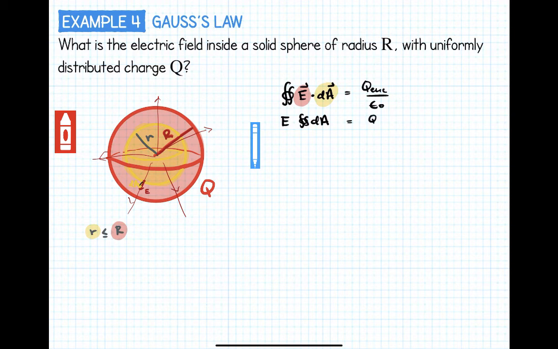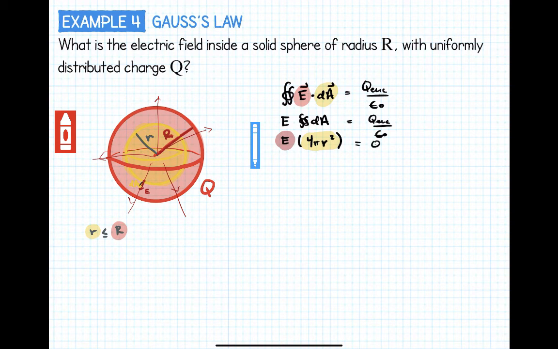This is still going to be equal to Q enclosed over epsilon naught. We're going to deal with that in a minute. Once again, this becomes 4 pi little r squared, because remember, this is the Gaussian and this is the electric field, okay?